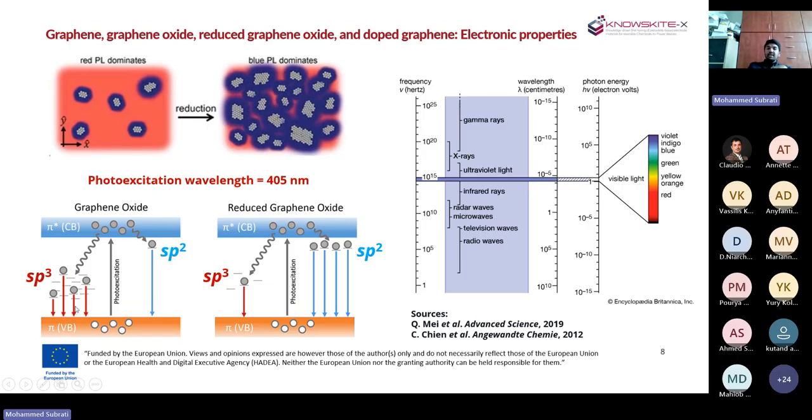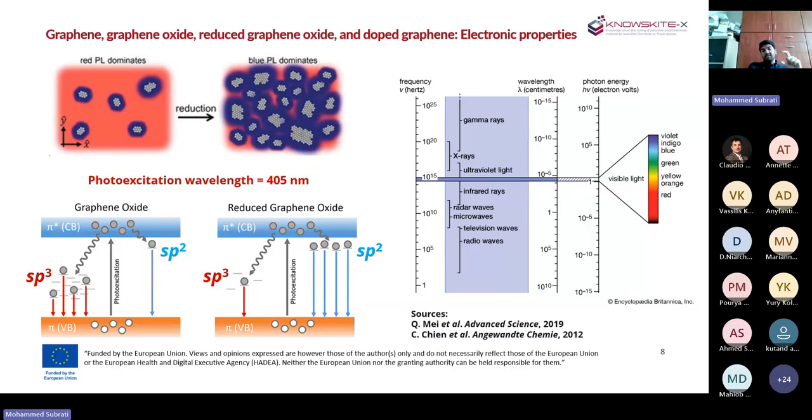In the case of graphene oxide, you have a lot of sp3 carbons attached to the oxygen functional groups. So when you excite the electrons from the valence band to the conduction band, they do not decay directly. They decay to this defect state in sp3, and then from sp3 back to the valence band.